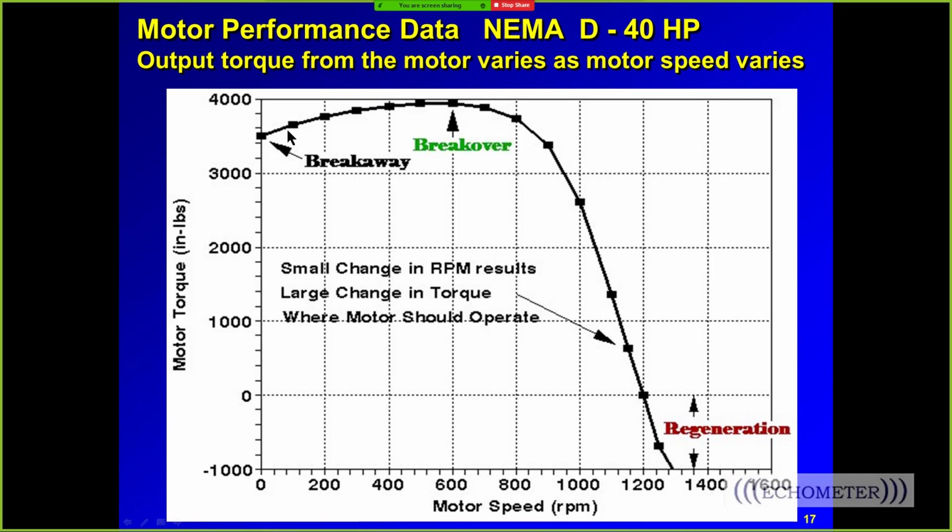It goes from the breakaway torque, pushing hard, 2.7 times or more the nameplate of the motor, and it reaches a peak torque or peak KW. It's called the breakaway torque, and then the required torque to keep the unit going is reduced, and then the motor tends to operate in this range right here.